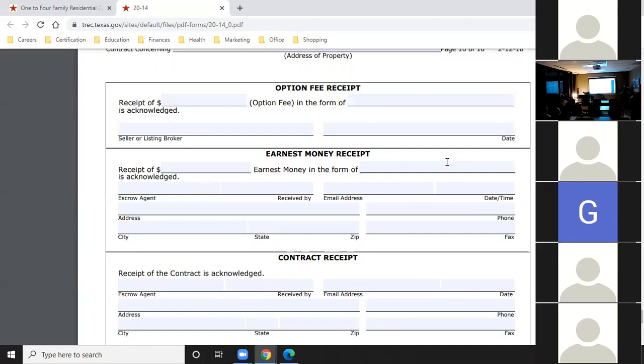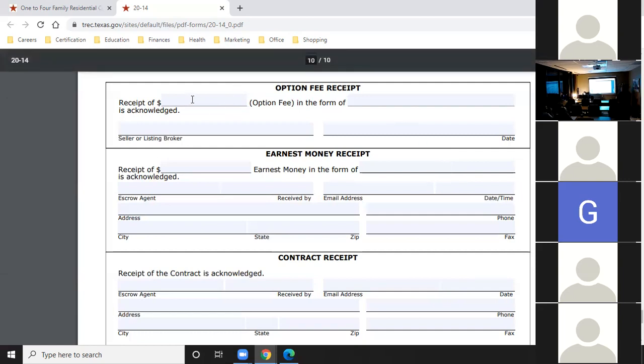Do you see anywhere in your contract where it talks about them taking the contract to the title company? No, I do not. A $1,500 option fee will be paid to the seller. Remember, this is also a receipt, so they have to have received that $1,500. So this page would be left blank, and we would then move on.